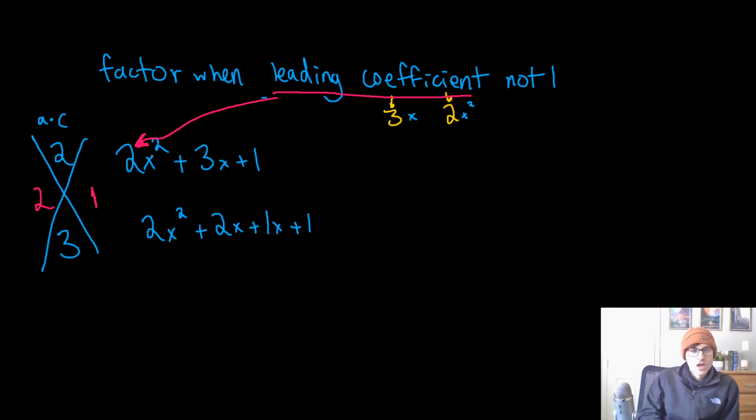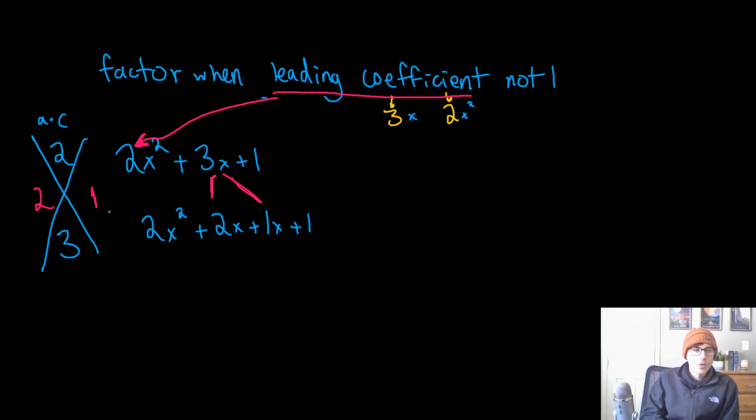I don't have anything else. 3x is 2x plus 1x, so I'm just splitting up my 3x. 2x plus 1x, that's 3x. All I did was split that middle term up.